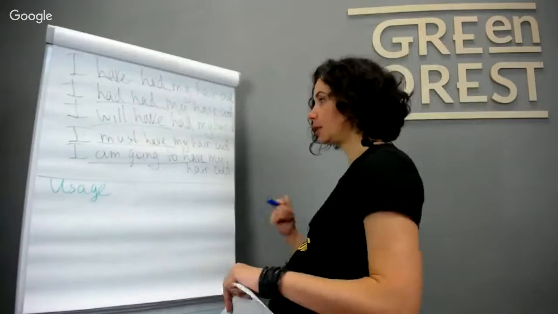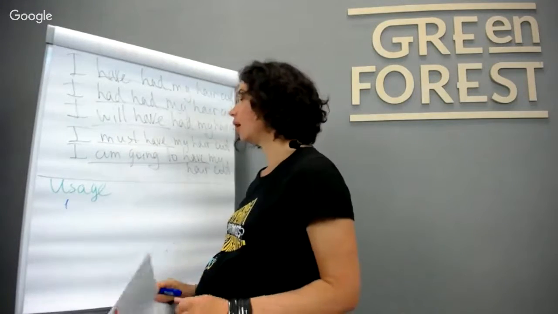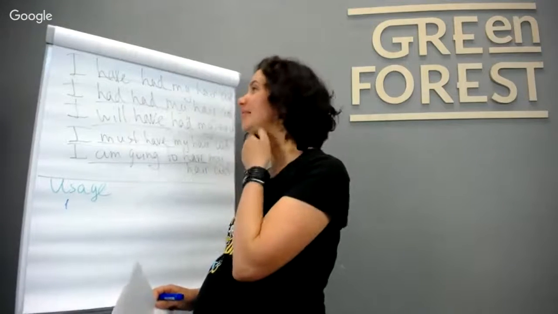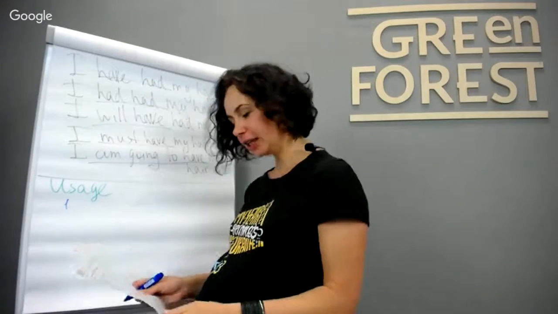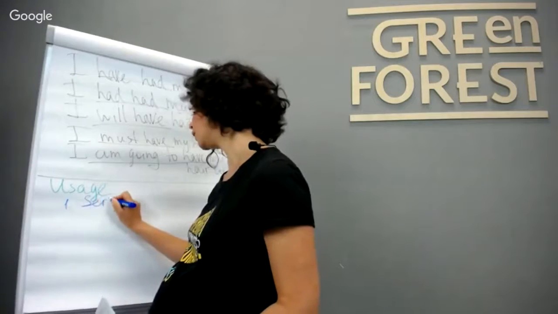As I said, the first usage, which we typically prefer to use this construction for, is when we want to describe a service that somebody performed for us. So the first one is service.